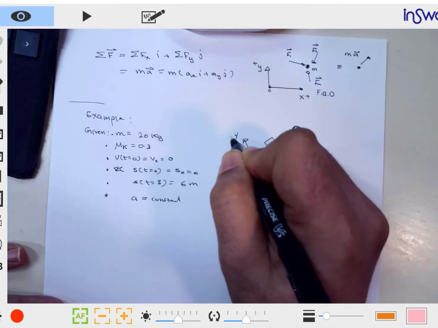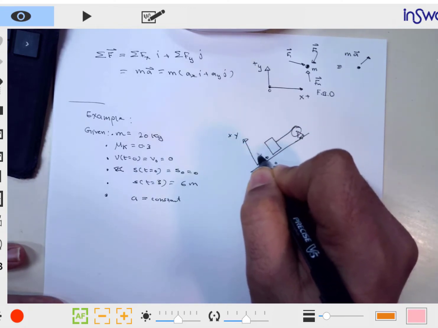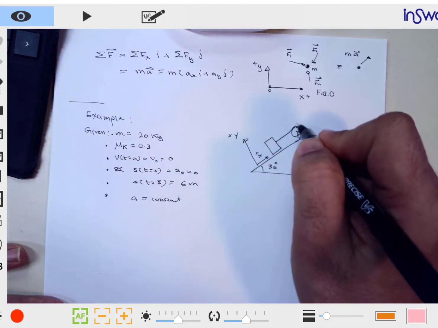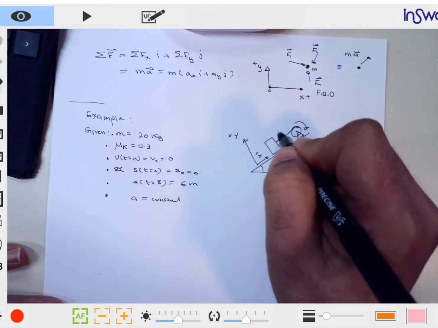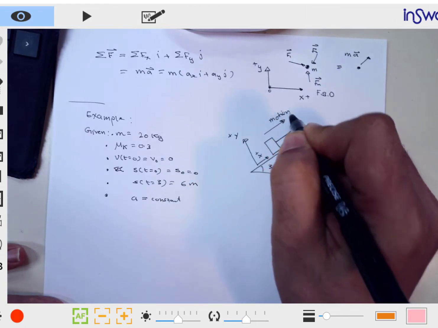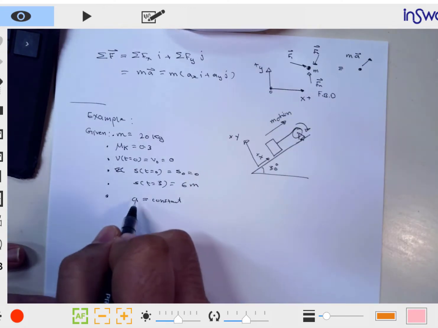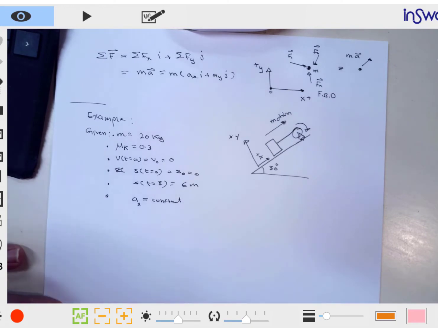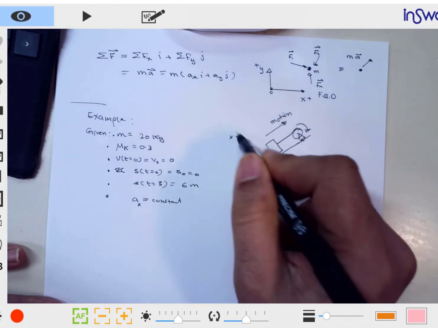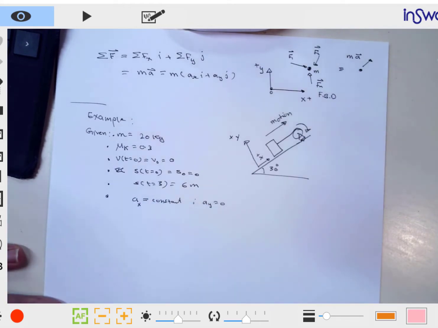So I'm going to use this positive y upward, and this is positive x, in the direction of motion, because this is winding in this direction and I expect it to go up. This is just an illustration. The acceleration is a constant in the direction of x. There's no motion in y, so also we can say that ay equals 0.